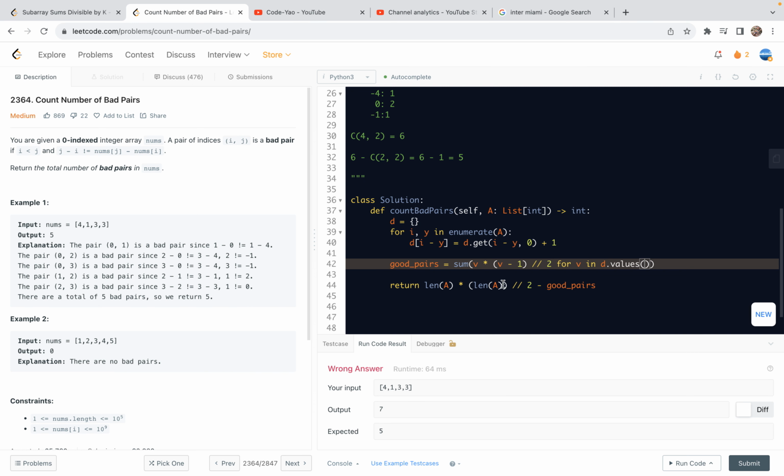Then, oh, so here we didn't minus 1, right? So we compute the count choose 2, right? So the length A minus, so here let's test.